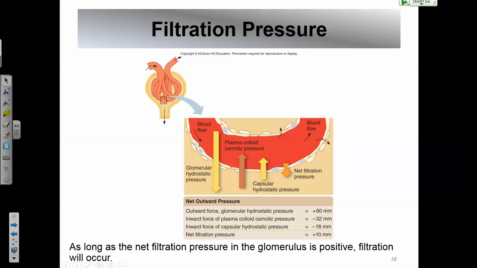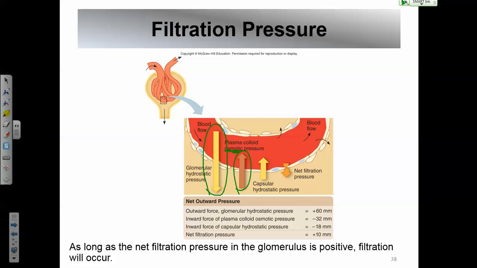You can see that on this picture. I like this view. Do you see this big yellow arrow? That's representing glomerular hydrostatic pressure. And then the orange arrow is representing glomerular osmotic pressure. Here it says plasma colloid osmotic, which is a fancy name for glomerular osmotic pressure.